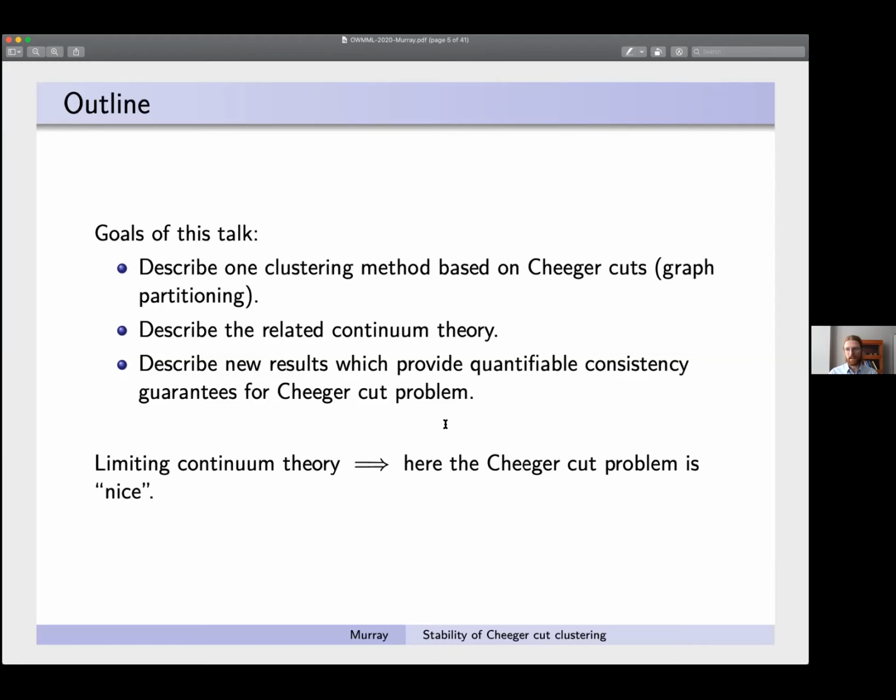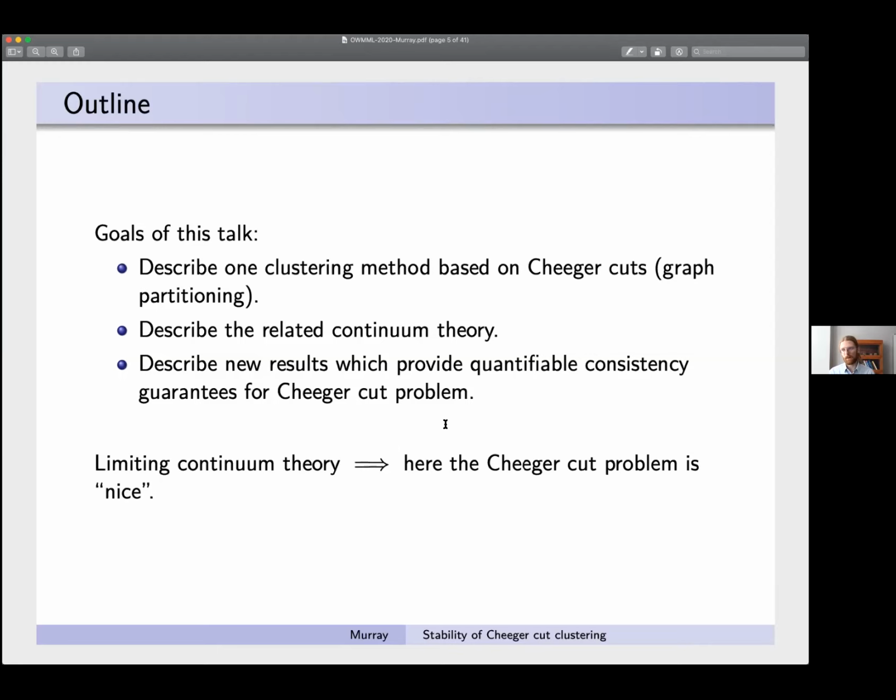As we go along, a big message of this talk is that when you're doing optimization or variational problems on graphs that are based on sampling in R^n, there's an underlying continuum structure that gives you leverage in understanding and studying and providing guarantees for these algorithms.